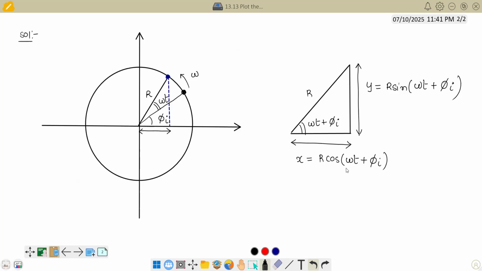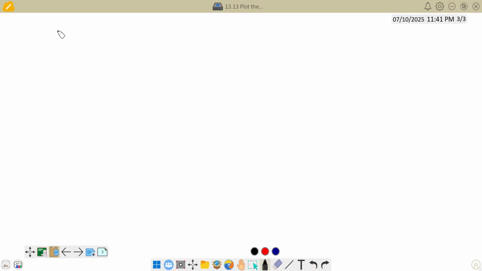Right now, the method that we are going to learn is a very blunt way to solve a problem. In that blunt method, the value of x is always considered r cos(omega t plus phi initial), and the value of y is always considered r sin(omega t plus phi initial). Now, what are the important things that you have to remember?